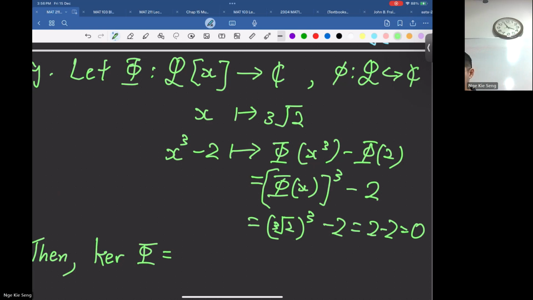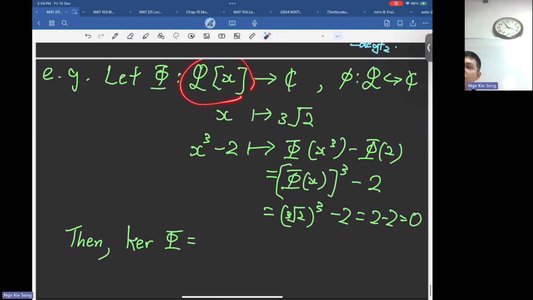So in this ring Q[x], is Q a field or not? Are all the non-zero elements invertible or not? Yes, right. This is exactly how we build the rational numbers.